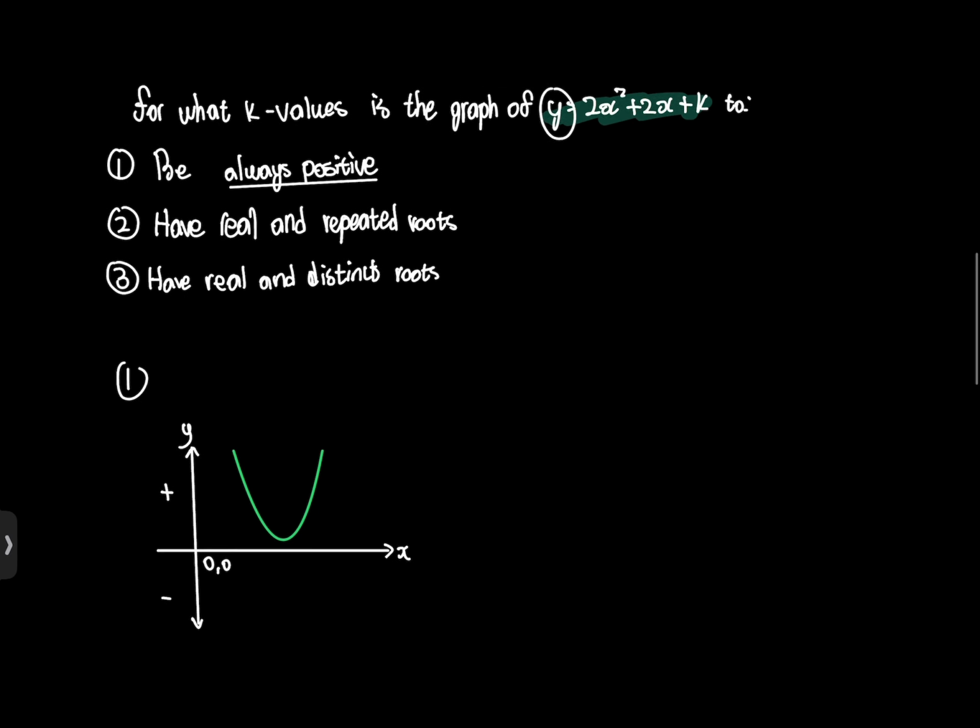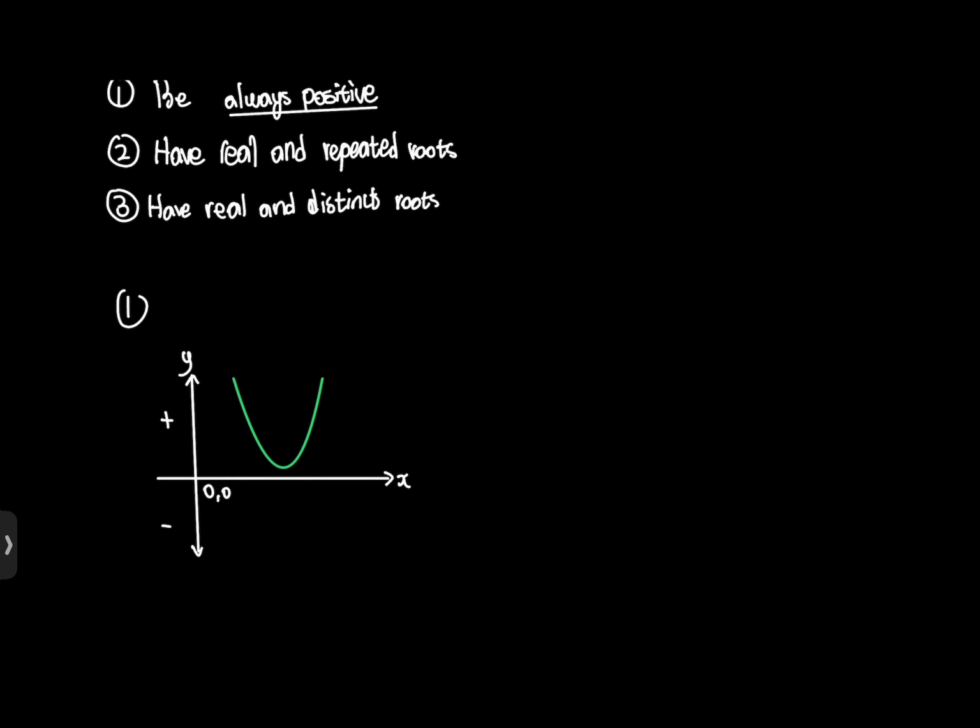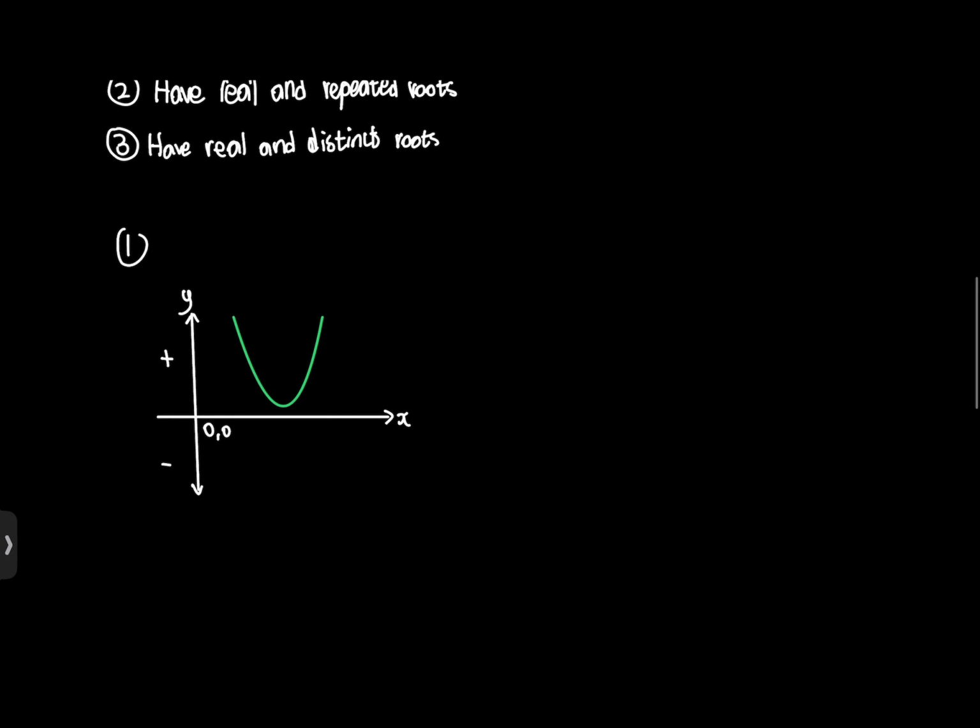So what we can do is use the discriminant. If you remember, if your discriminant is less than 0, your graph will not be touching the x-axis. It won't have any real solutions. It's going to look something like this or something like this, depending on the coefficient of x squared.